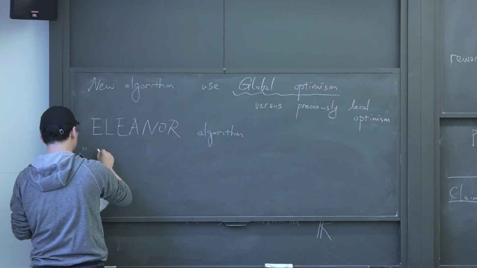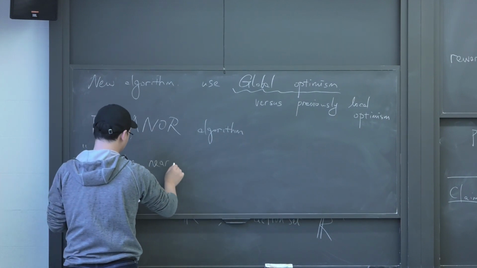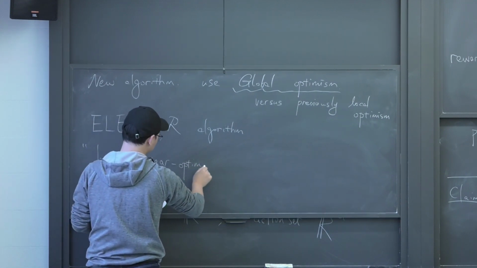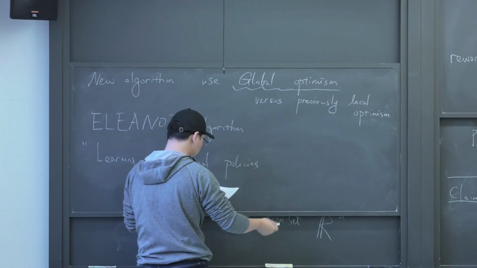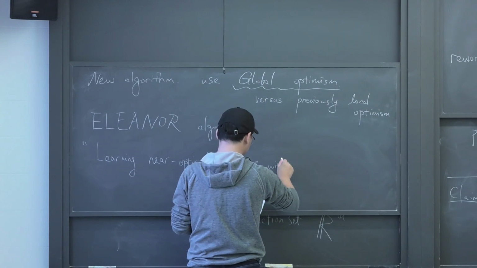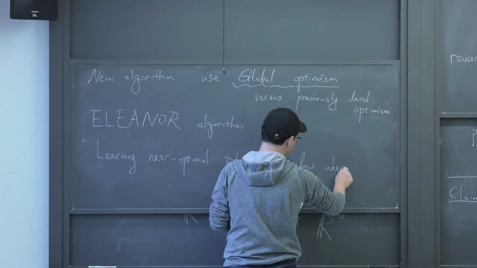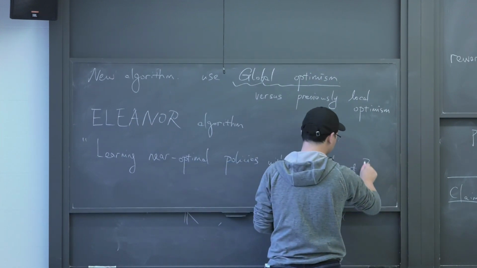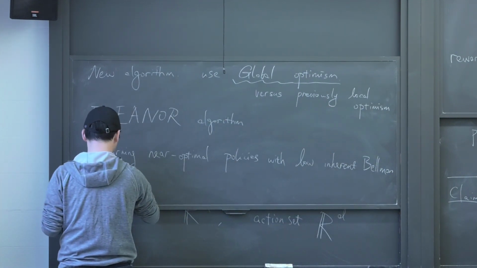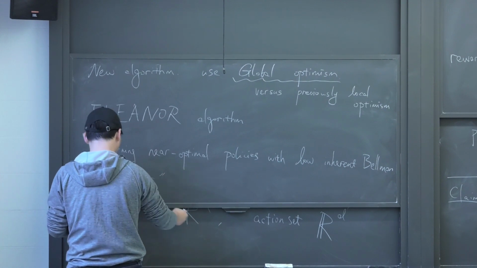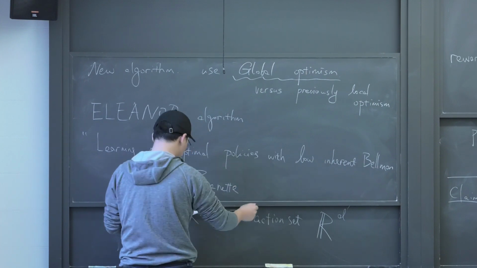It's introduced in the following paper with the title Learning Near Optimal Policies with Low Inherent Bellman Error, by Zanette et al. in 2020.